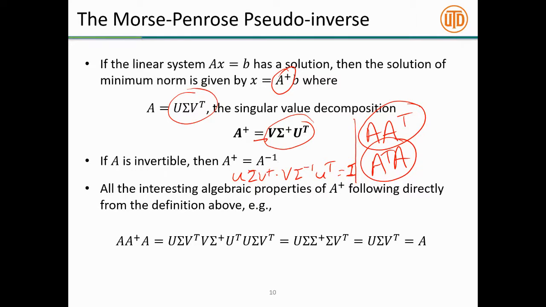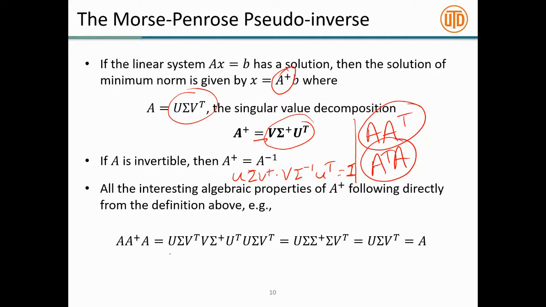As an example, one property that will be useful for us is that A times its pseudo inverse times itself is just equal to the matrix A. This would be true, of course, if A actually was invertible: A times A inverse times A is equal to A. There's a little bit more to check here with the pseudo inverse, because it's not the case that A plus times A is equal to the identity matrix. So there's a little bit of extra work to do here, but it's not so hard.